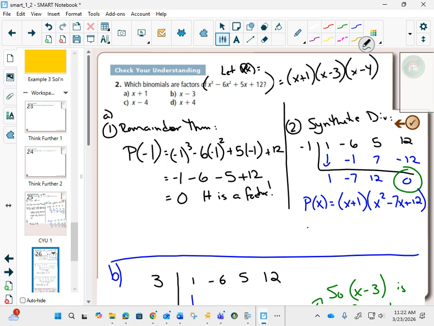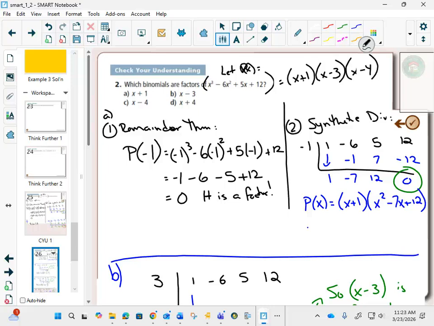And finding out all 3 of those factors is actually factoring that x cubed perfectly. X plus 1 times x minus 3 times x minus 4. If you multiplied that all out, you would get x cubed minus 6x squared plus 5x plus 12.